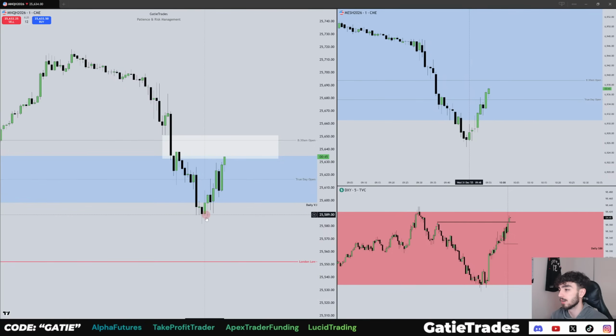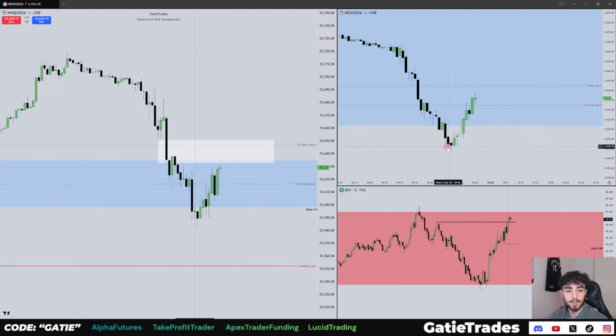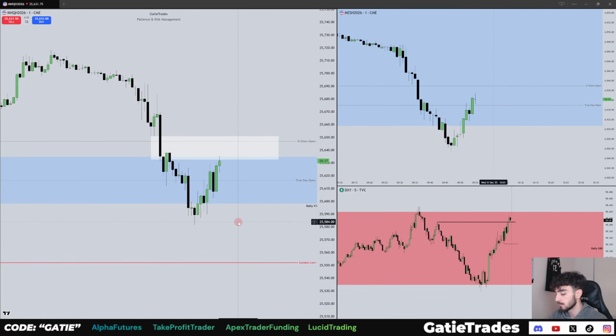In that case we shouldn't see a protraction short, so the model should protect us here on our short continuation idea.